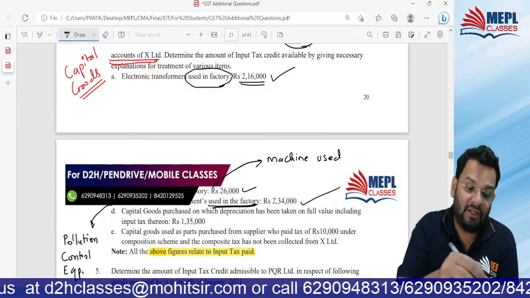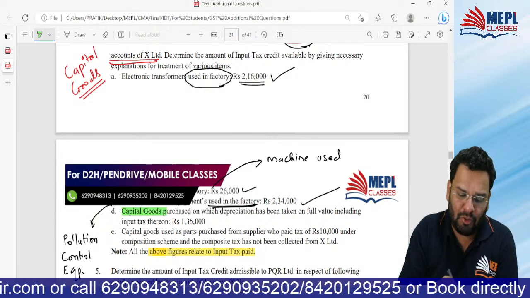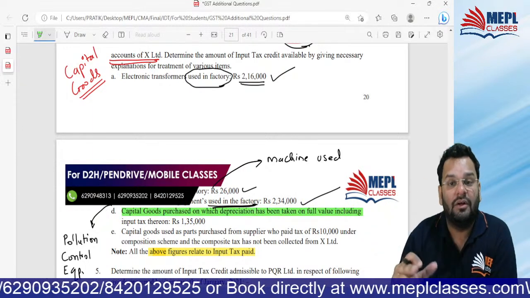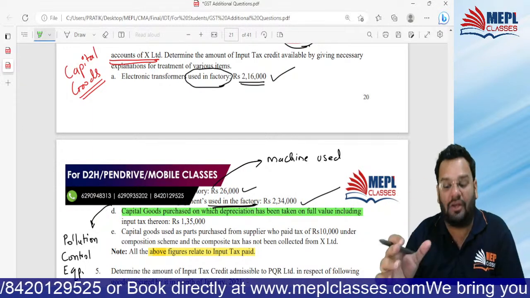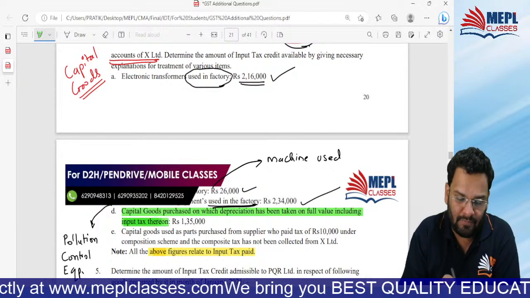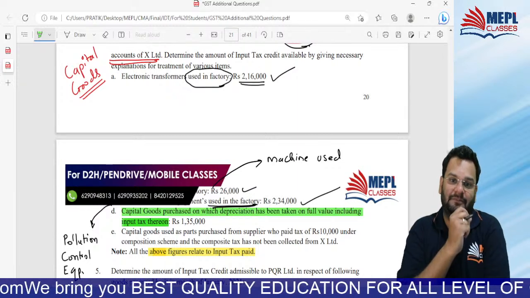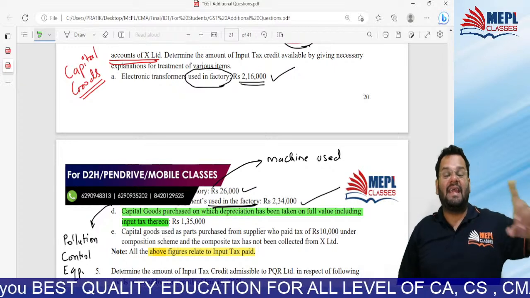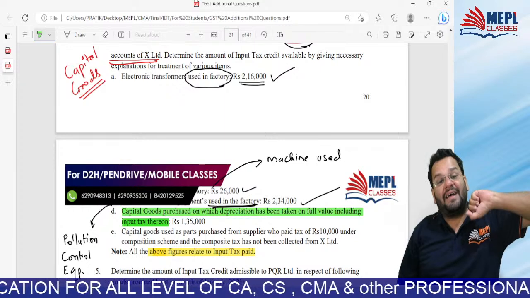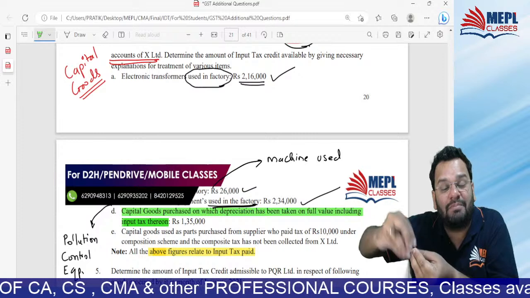Check. The D point. D point is saying cap goods purchased on which depreciation has been taken on full value. Now, taking on full value was also okay. But point is including input tax. So can you claim ITC in the point D? Tell me guys. Can ITC be claimed in point D where as a purchaser of machine you have taken ITC of the GST part also of that machine?